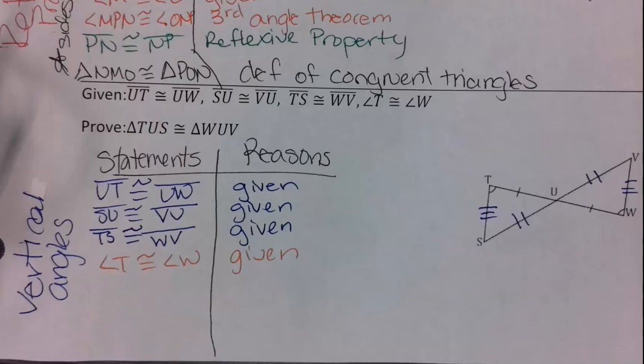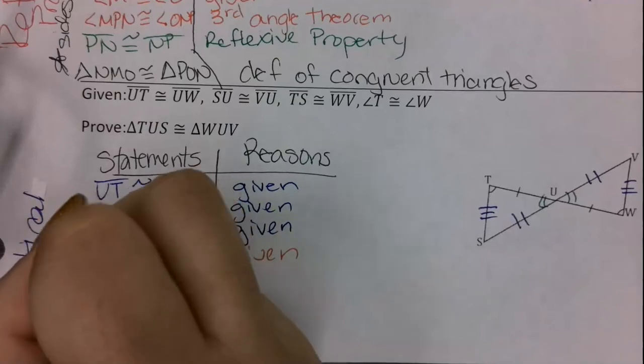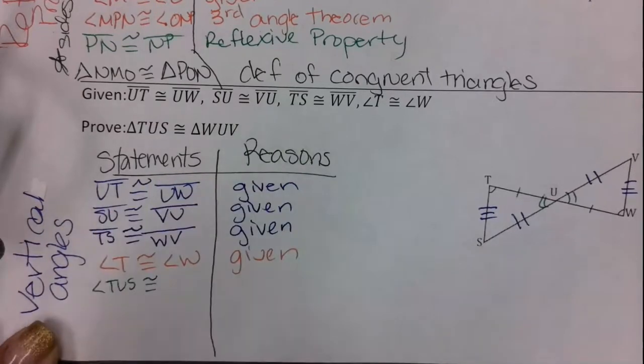Okay. Then I know that these two angles, TUS and VUW, are congruent because they're vertical angles.